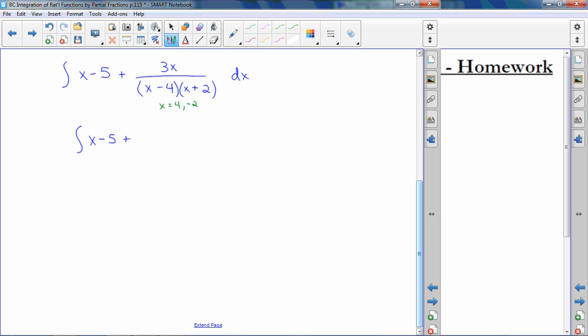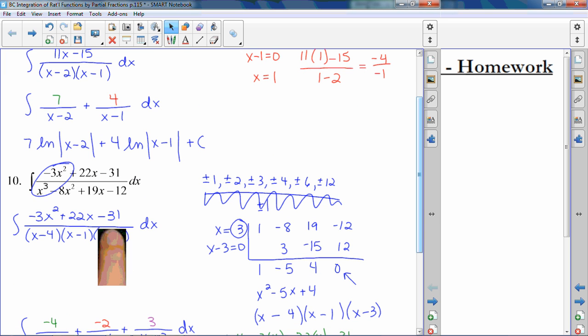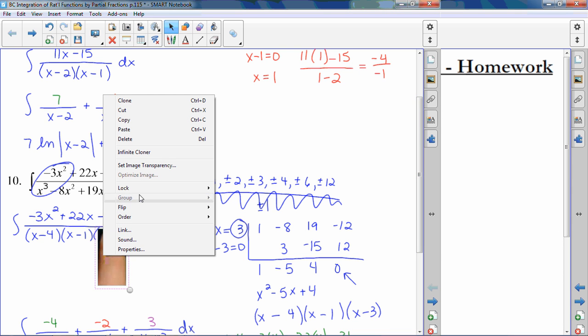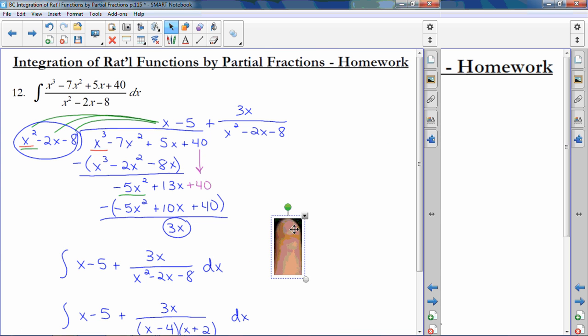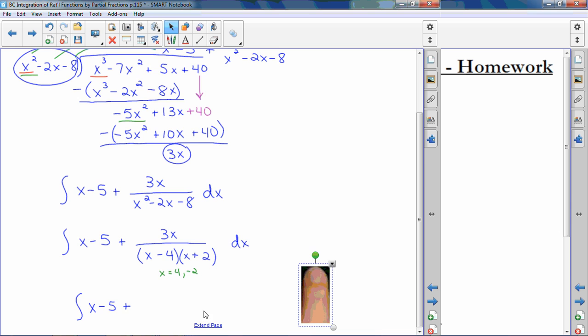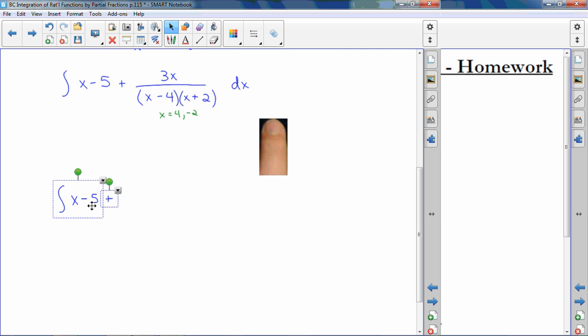All right, if we use that, cover it up, let me go get my finger here from the previous page. Okay, so we're going to have two fractions.